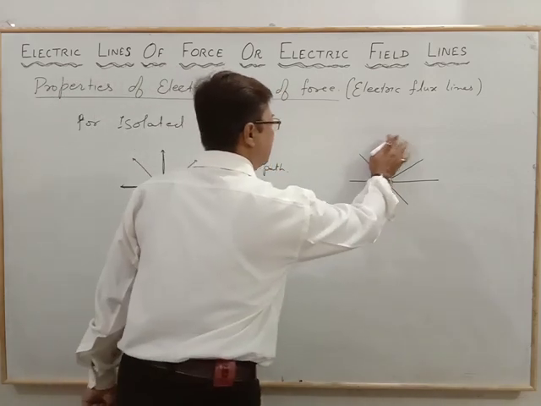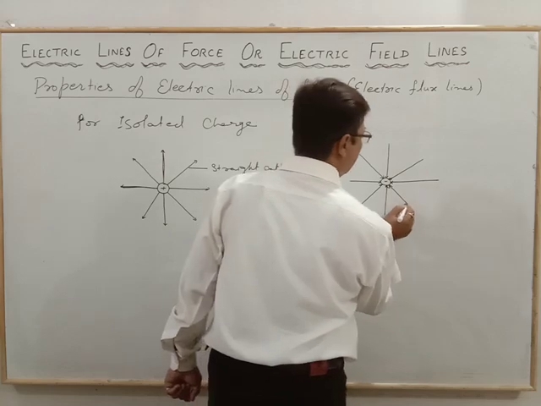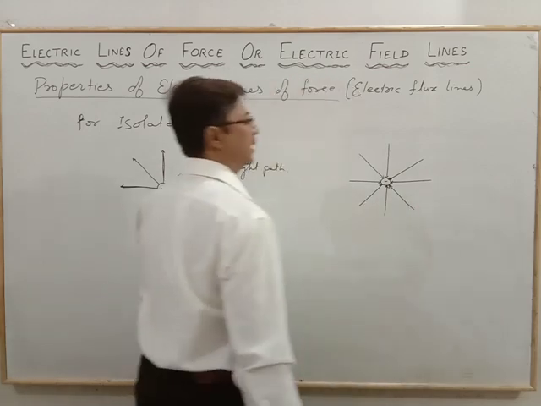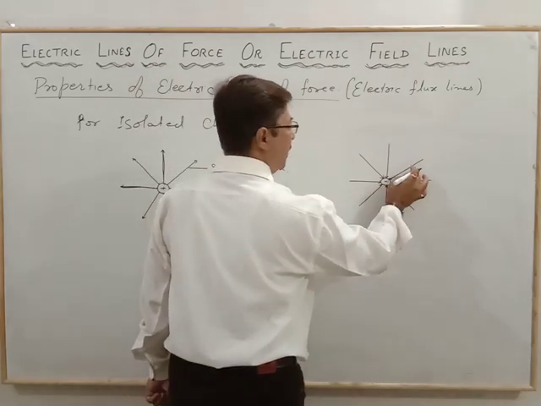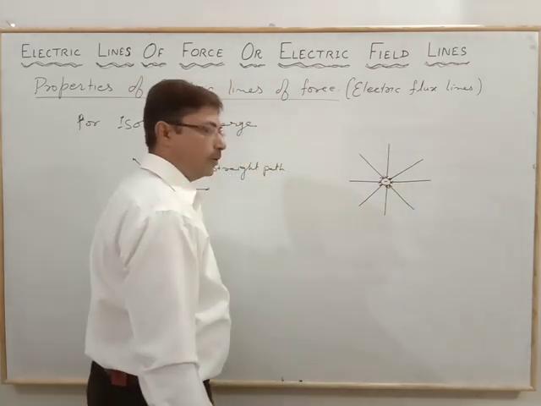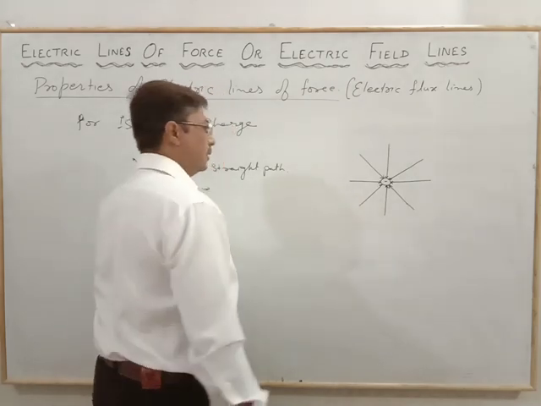And the lines represented here will give the strength also. If the lines are small, that means the electric field is small for that charge.